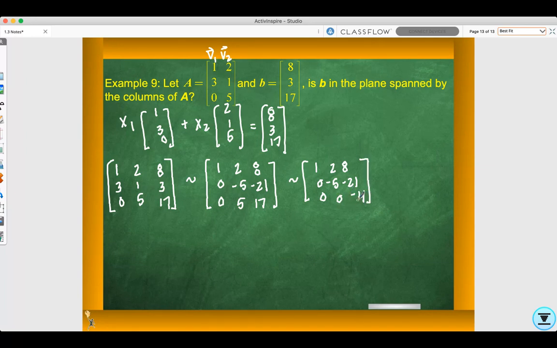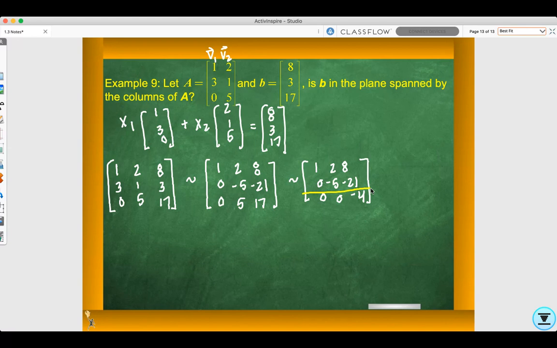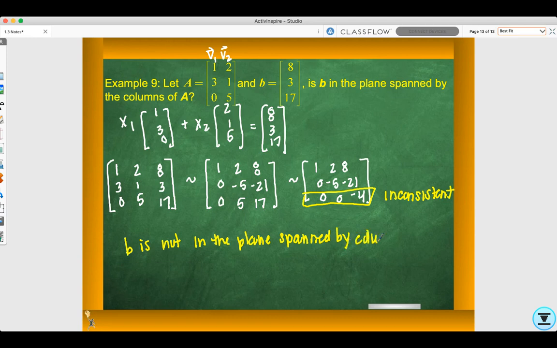I was hoping to get all zeros here. Because I get 0 equals -4, this is inconsistent. You cannot have a solution with 0 equals -4. It needs to be 0, 0. So b is not in the plane spanned by the columns of A.